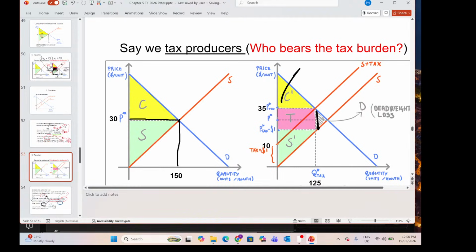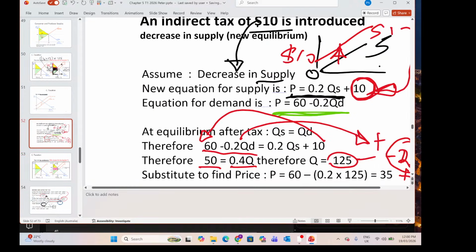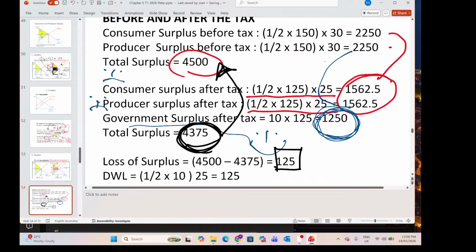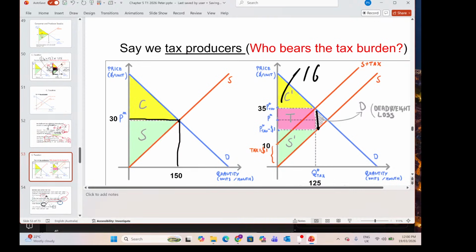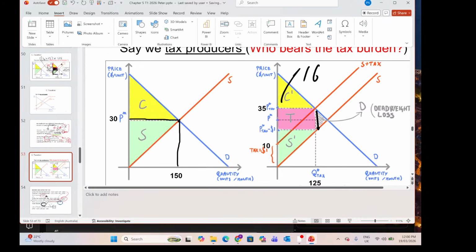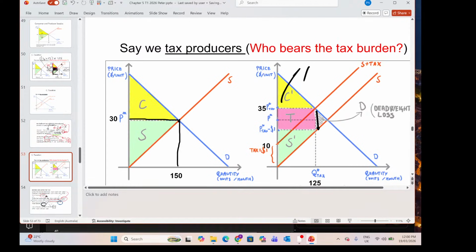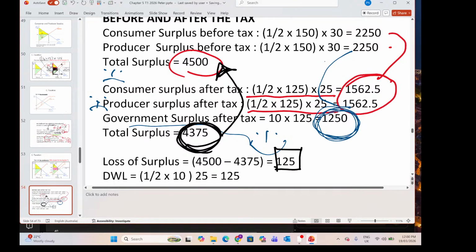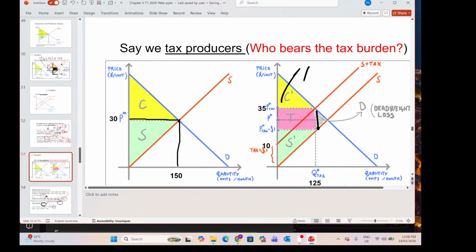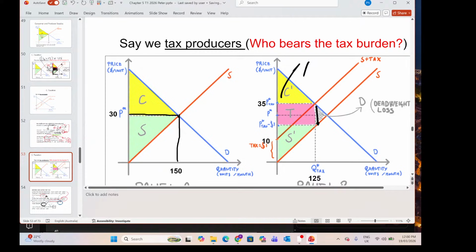We know that this is 16, whatever it is. Let me go up, down. This surplus is now 1562.